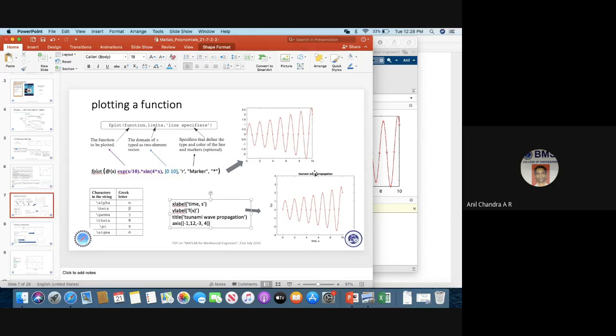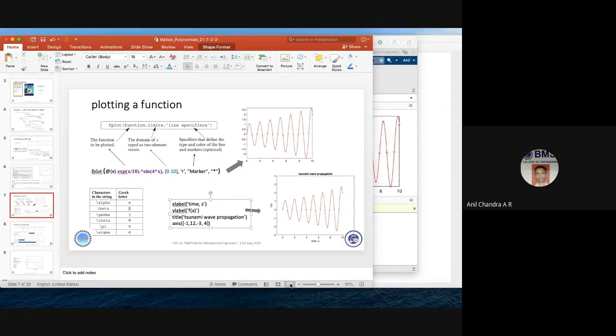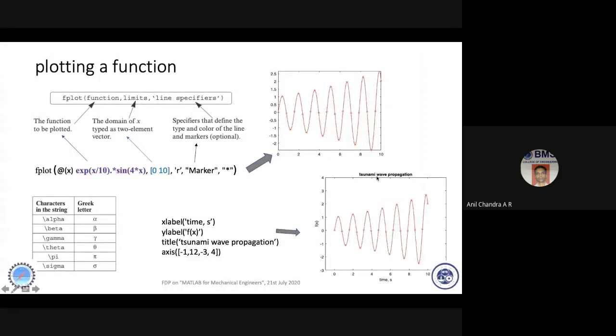And you want to have a title for the plot, right? So when you want to have a title for the plot, you write title and it should be in single quotes. Now you may want to define the limits of the axis.